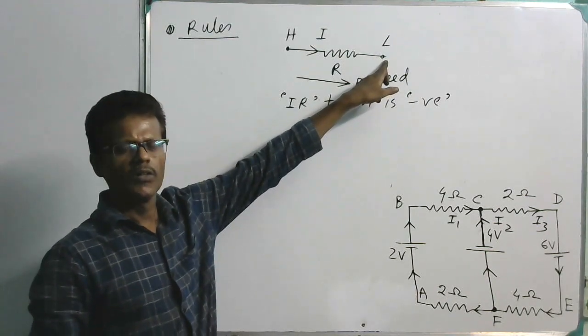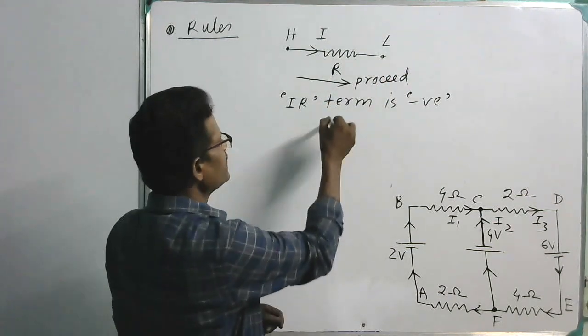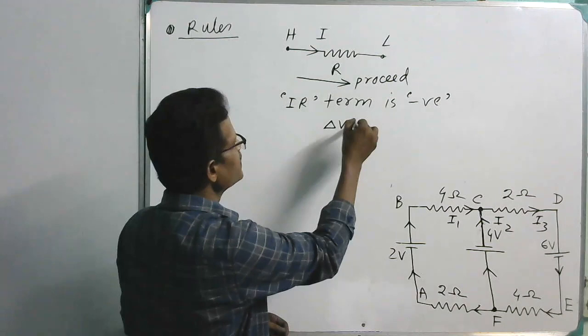So the change in potential, delta V, is how much?